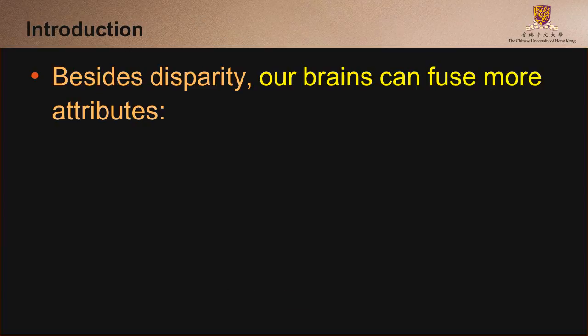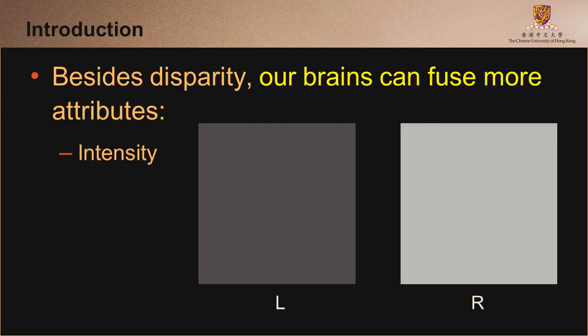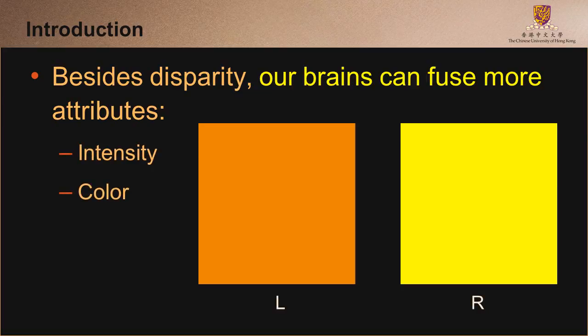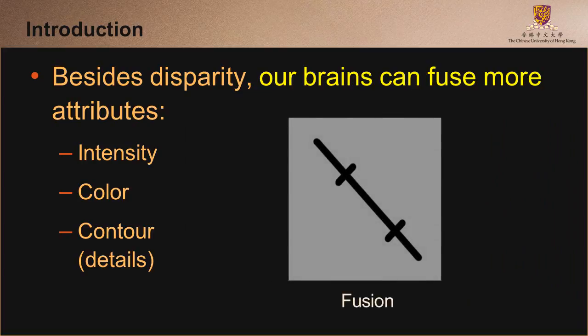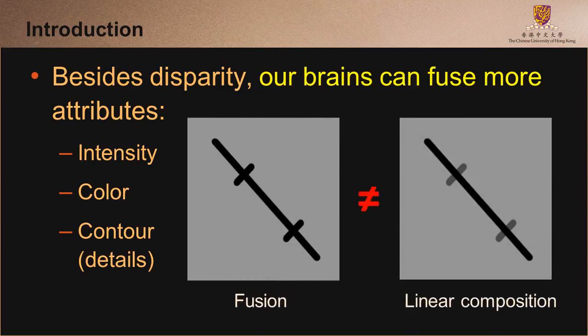In fact, besides disparity, our brains can tolerate more differences in two views, such as brightness, color, and even contour differences. Note that the fusion of left and right views in our brain is different from linear blending on the screen. It tends to preserve high contrast content on either side.